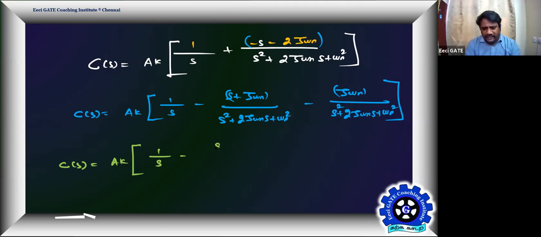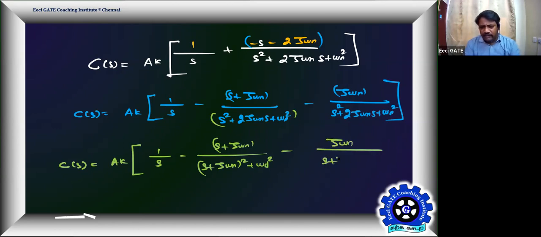Let me write it as S plus zeta omega n, the whole divided by S plus zeta omega n whole square plus omega d square. Already we know this identity. This can be modified as this. Already proved. Here also let me write it as zeta omega n by S plus zeta omega n whole square plus omega d square.